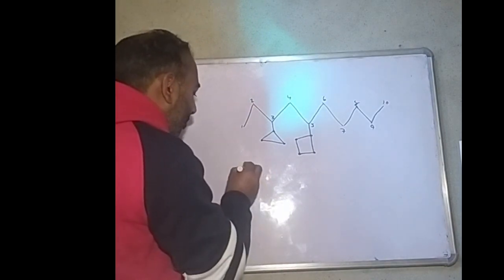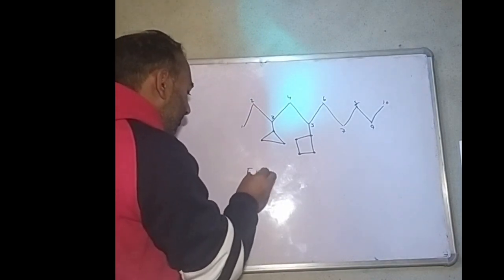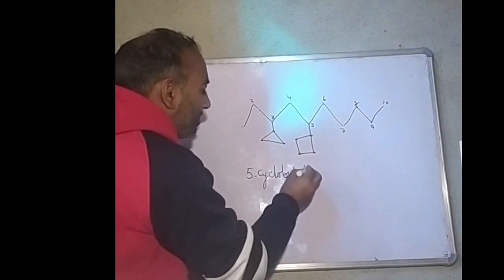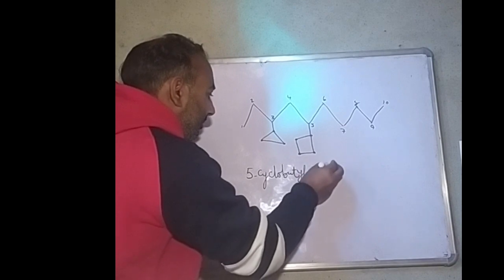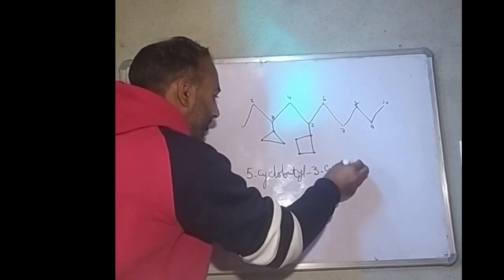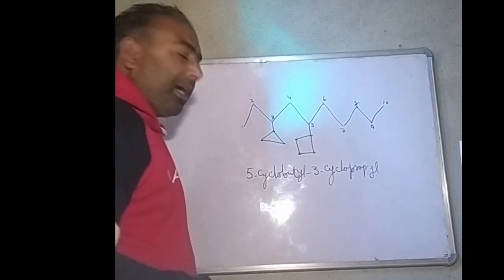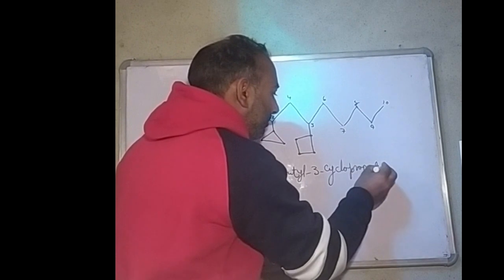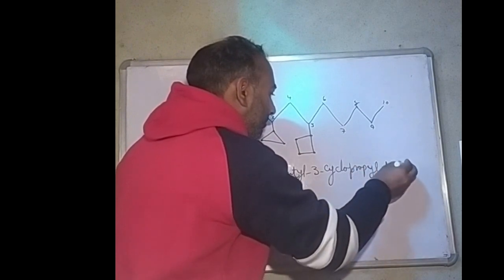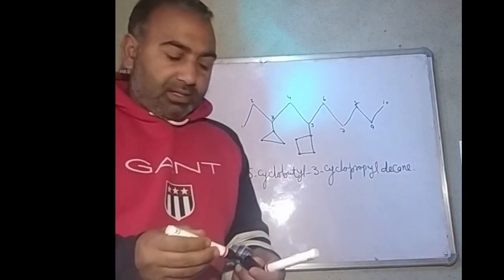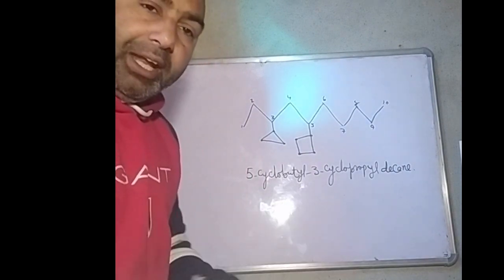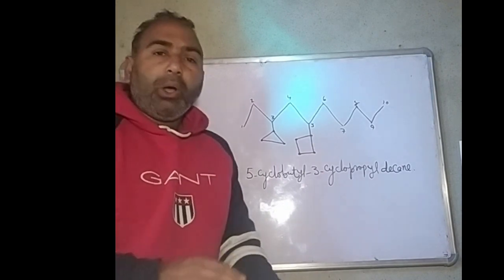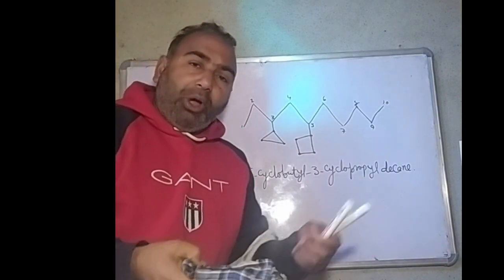So 5 cyclobutyl, then 3 cyclopropyl, because B comes first in alphabetical order, then decane. This is how we can name this type of hydrocarbon. Okay, done. Let's move ahead.